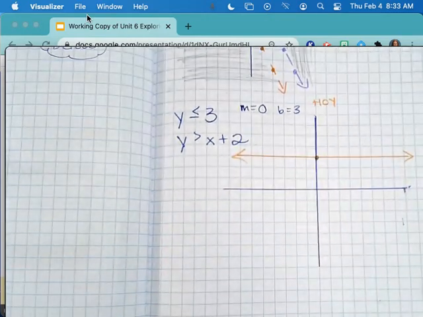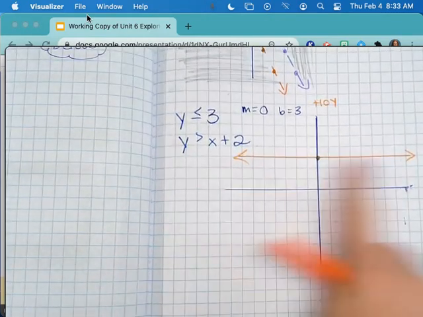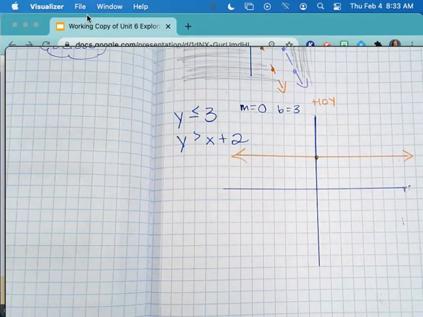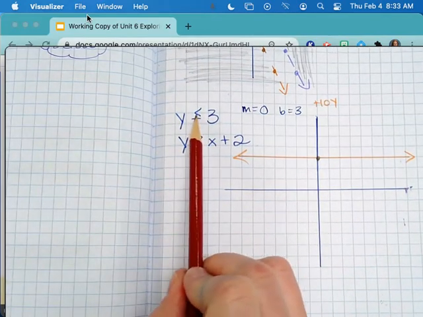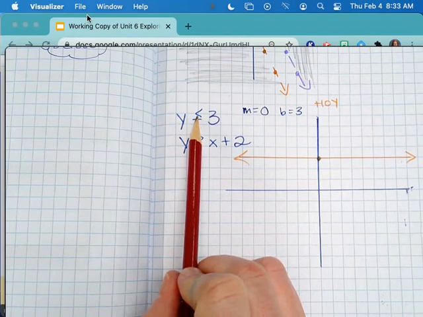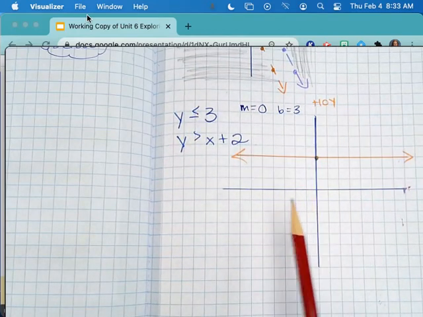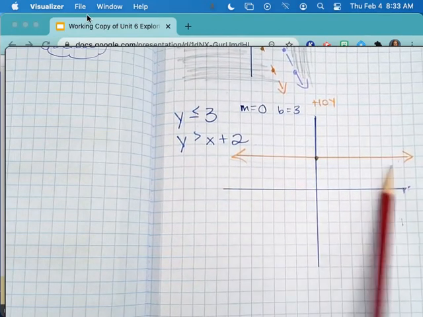So before you slide that line across, make sure you know solid or dashed. Okay, and then this is a less than. So how are we going to shade? Below.